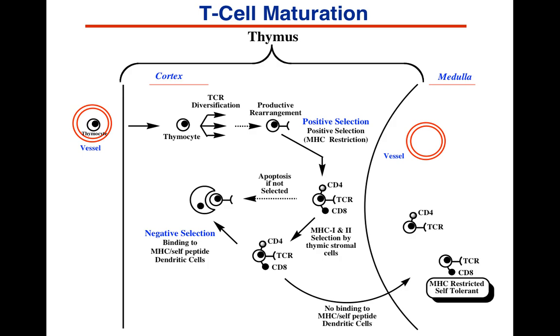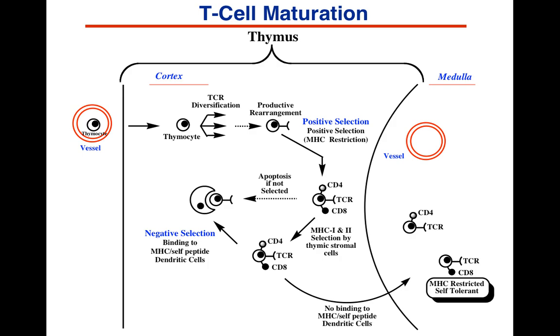Then what happens is it will essentially become what is called MHC1 restricted or self-tolerant, in which the ones that are able to bind to MHC1 the tightest will only express CD8. The CD4 expression will be eliminated. Those that bind to MHC2 will then only express CD4, and so they'll eliminate any CD8 that they expressed.